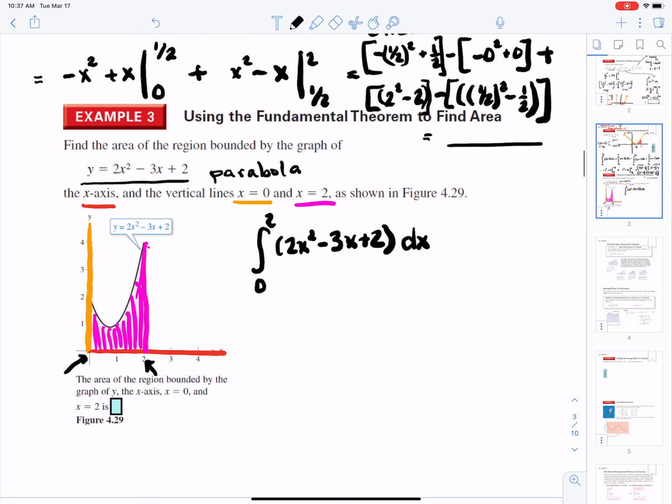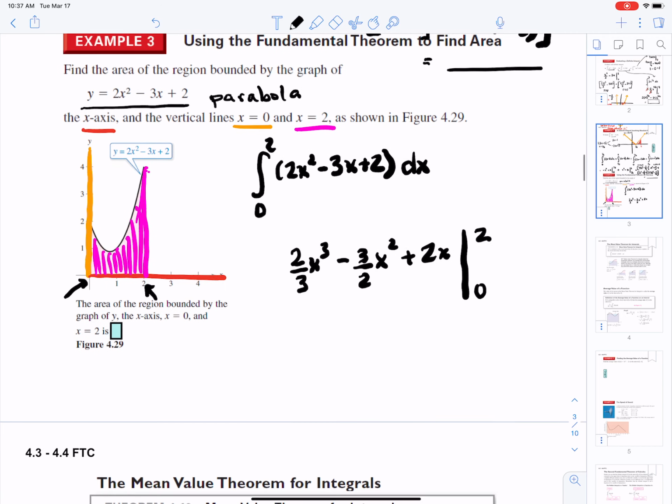So we're doing the same thing as what we would have done with the approximation methods, but now we have an actual strategy on how to solve this integral. So I'm going to find the value of the antiderivative, which is 2/3 x cubed minus 3/2 x squared plus 2x. We're going to evaluate it from 0 to 2.